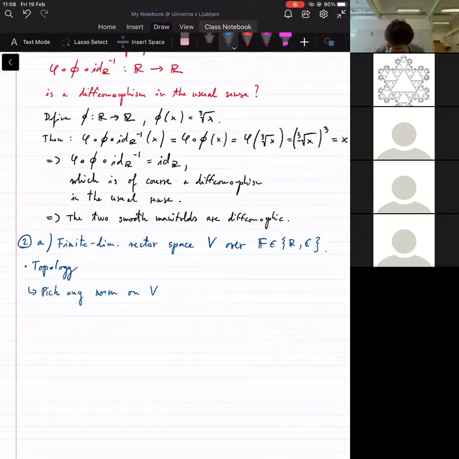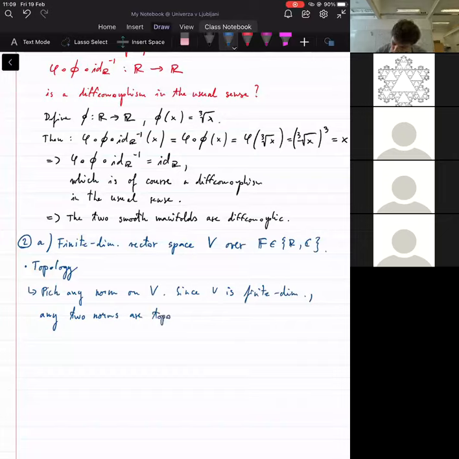And then since V is finite dimensional, any two norms are topologically equivalent.